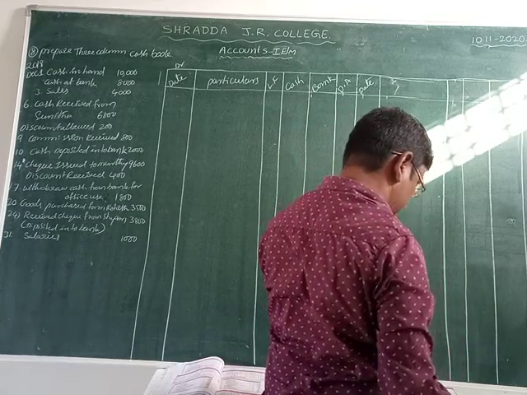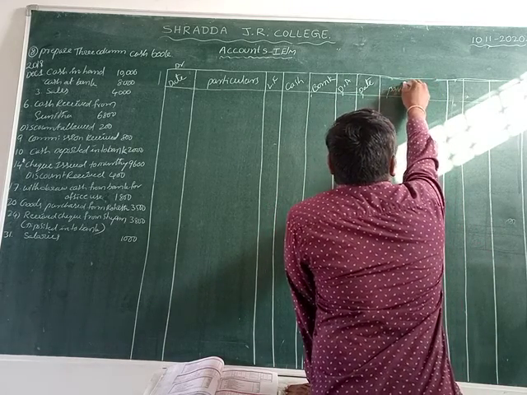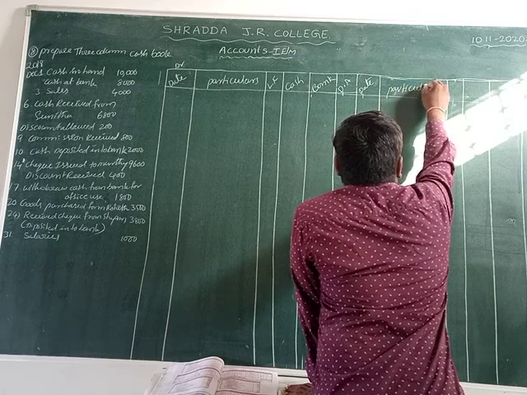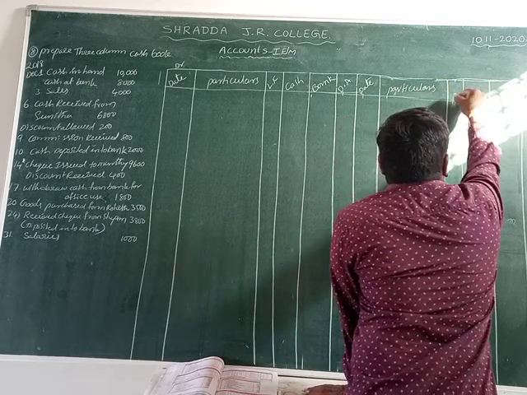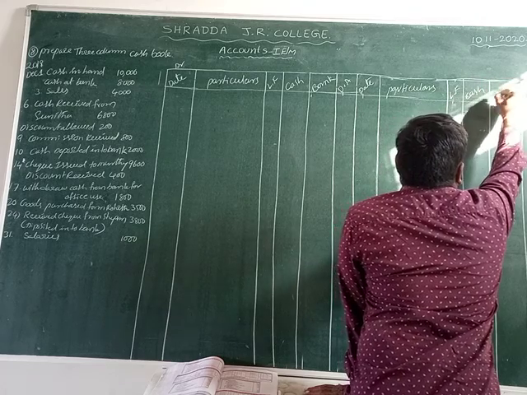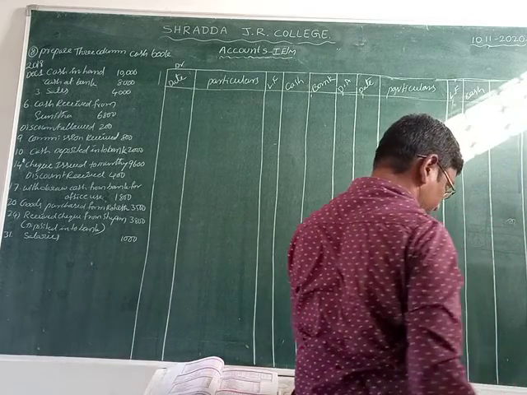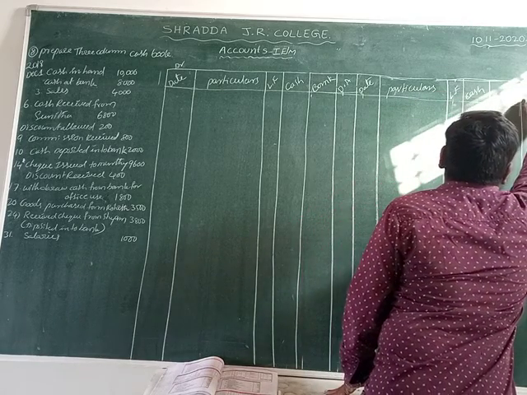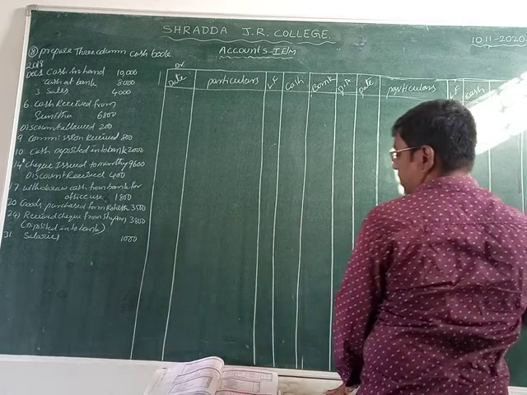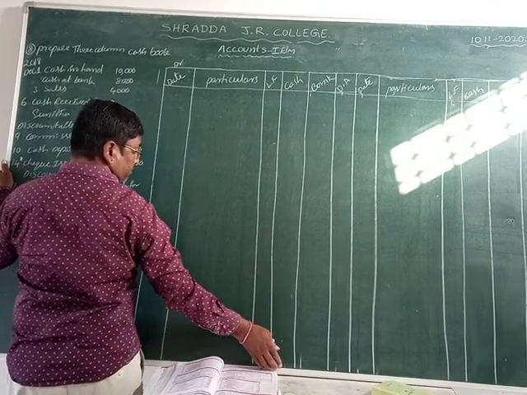Date, particulars, LF, cash, bank, discount received. What is that? Discount received.